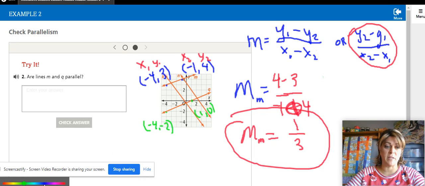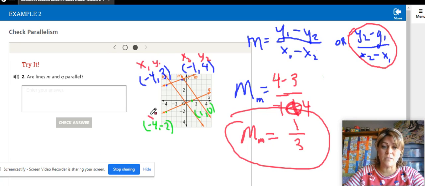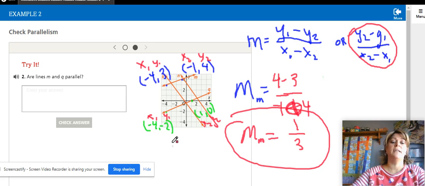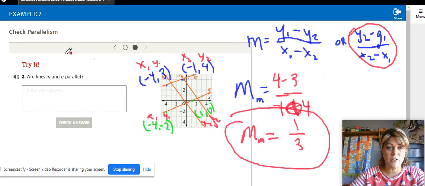So label them, especially if you're new at this or not 100% confident. X1, Y1, X2, Y2. So I'm going to do the work right on top of here because I'm running out of space.